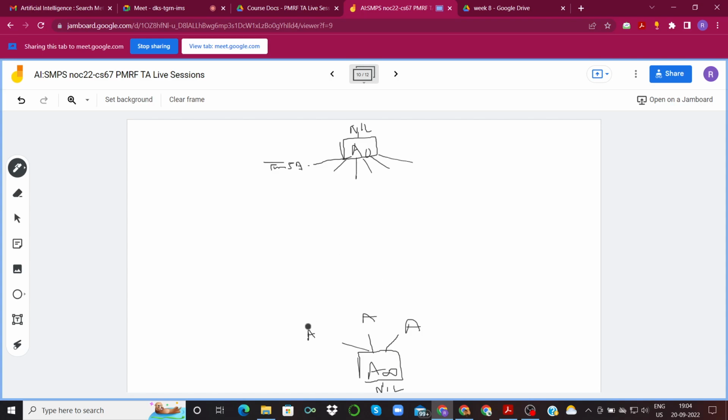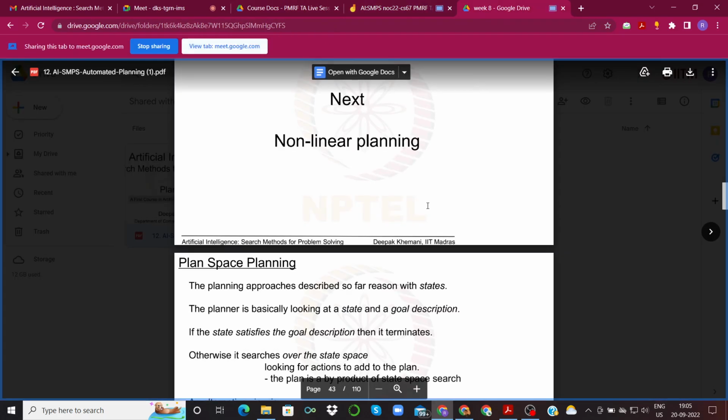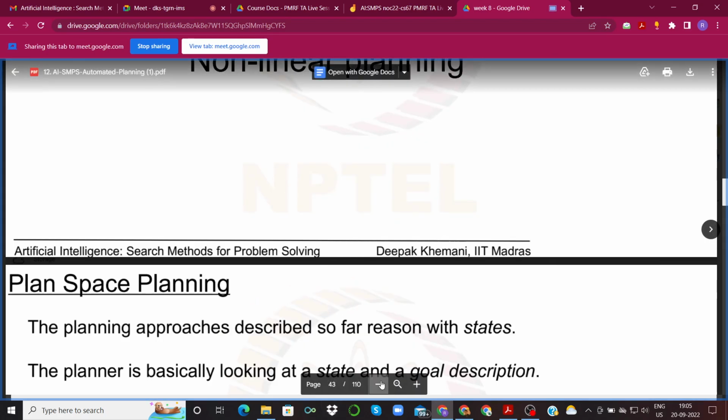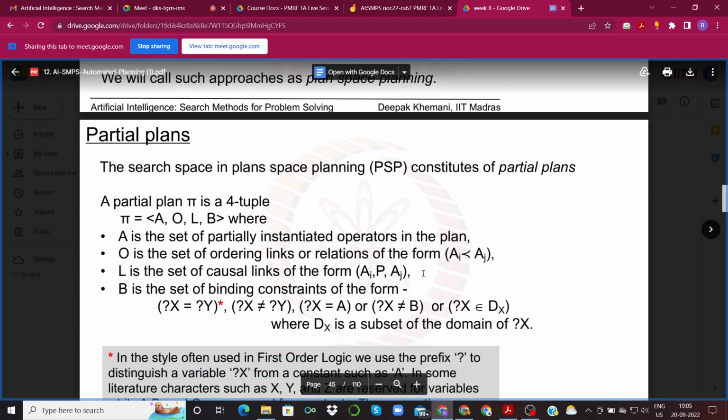Okay, and then we have to gradually fill these in. So these three are basically the open goals because they don't have any... so let me actually go to the definition that sir had talked about in plan space planning.